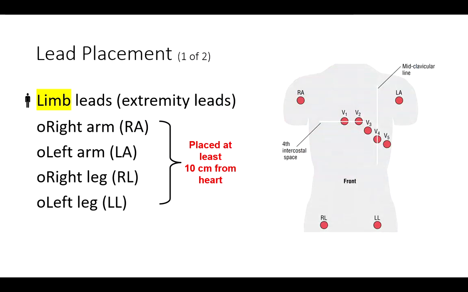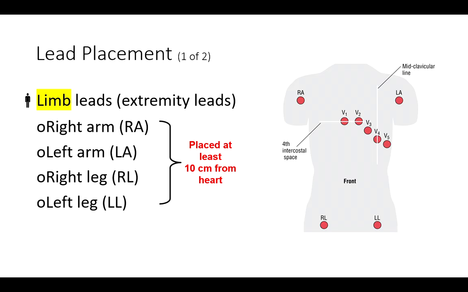So you heard me mention limb leads a moment ago, and limb leads are typically those that comprise the 6 leads of the 12 lead. So the 6 leads of the 12 lead would be lead 1, lead 2, lead 3, AVR, AVL, AVF.